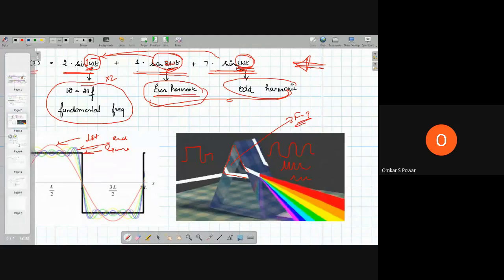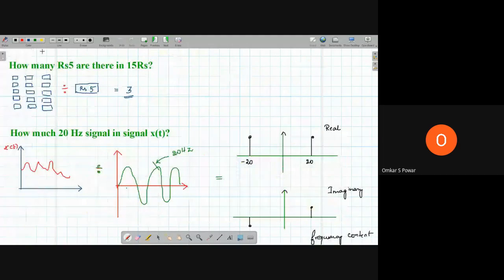Now, I think you have understood the frequency domain, but what are you actually doing in this frequency domain analysis? You have this 15 rupees. My question to you is, how many 5 rupees are there in this 15 rupees?